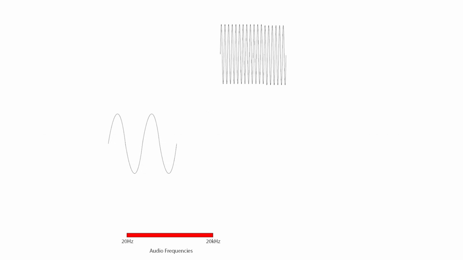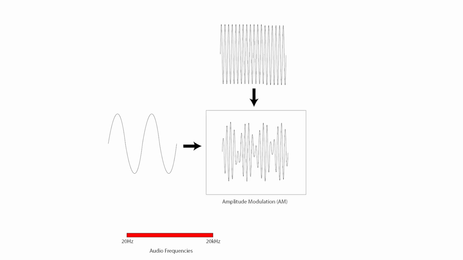The original audio frequency is now used to modulate this carrier frequency using something called amplitude modulation. This means that the strength or amplitude of the carrier wave changes to reflect the amplitude of the original audio wave at any particular point in time.